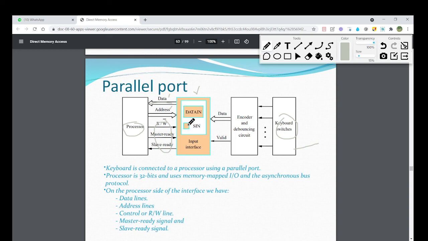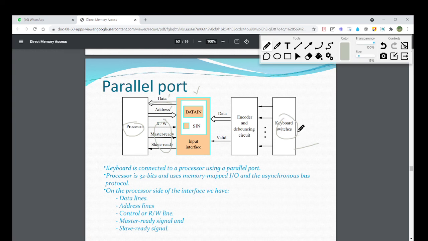If it is just inside the buffer, then S in is in some other state. Whether the data is there or already read is taken care of by this status in bit. These two are inside the input interface.